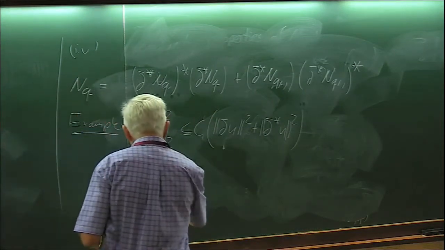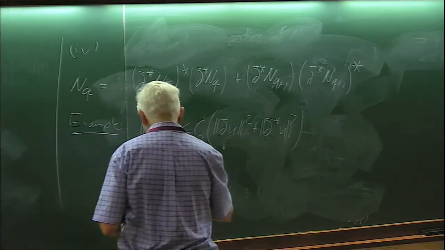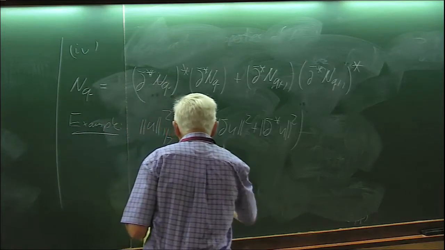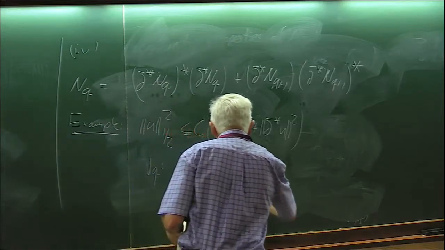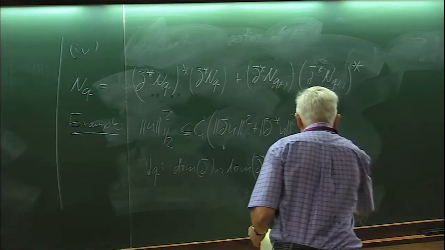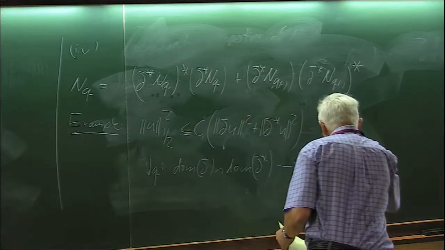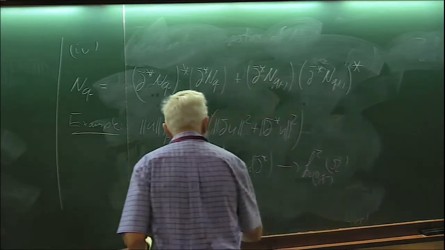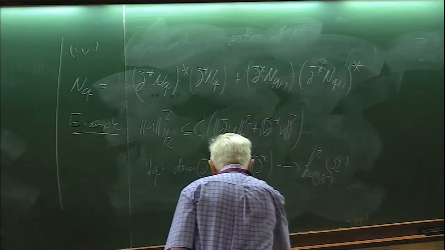So then if we look at J_q, this embedding from domain of d-bar intersect domain of d-bar star into L2, this really factors through W^1/2, right?